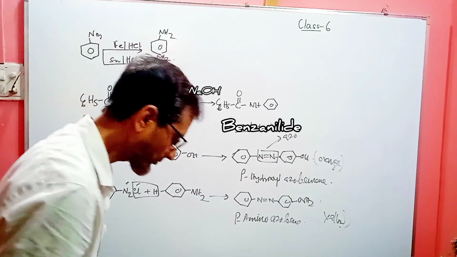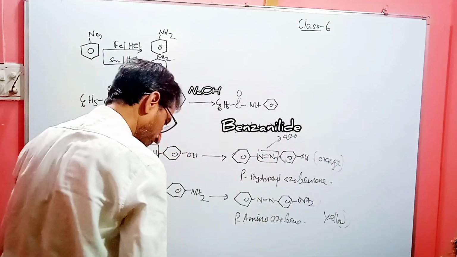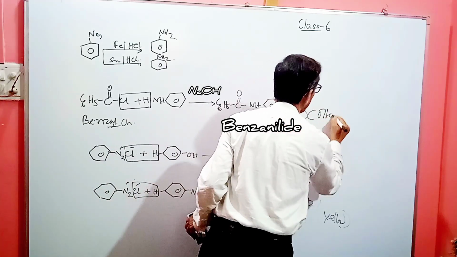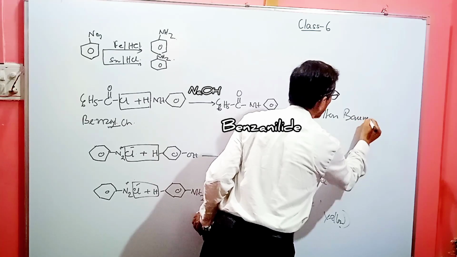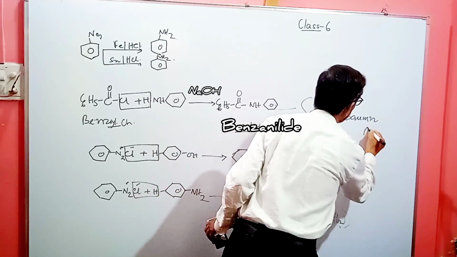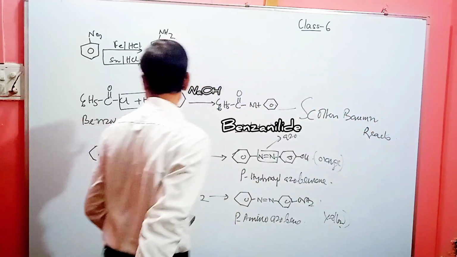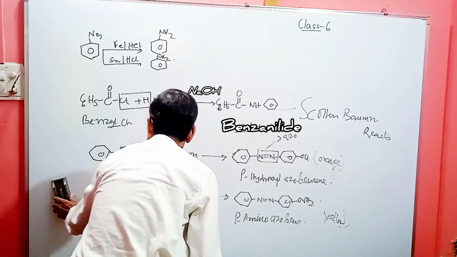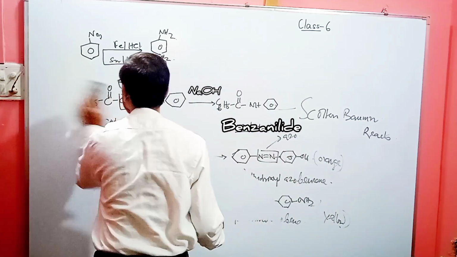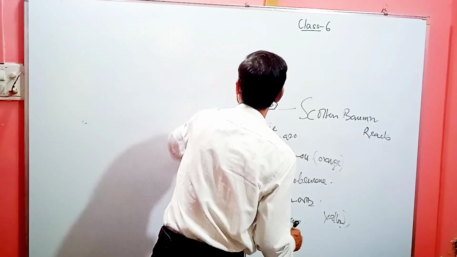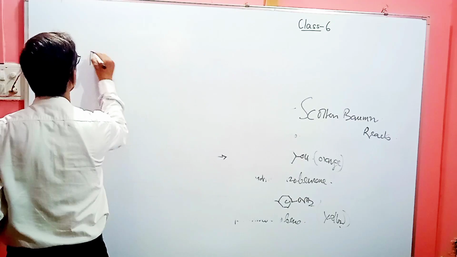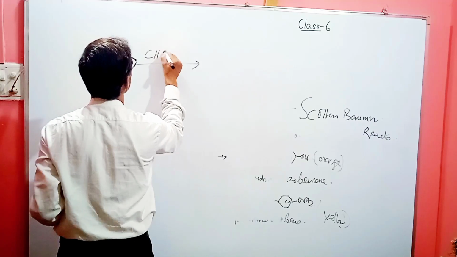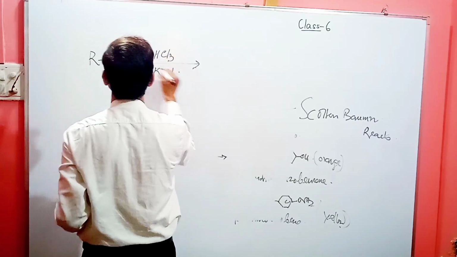So next one is, and the special name is Gattermann reaction. I have done it earlier. The next part is amine, chloroform, potassium hydroxide.